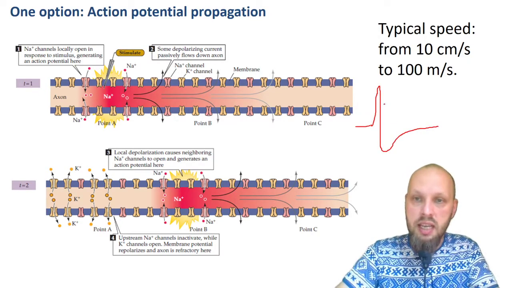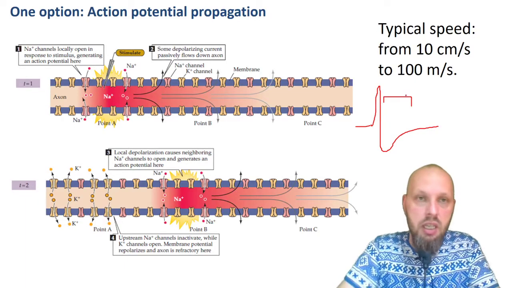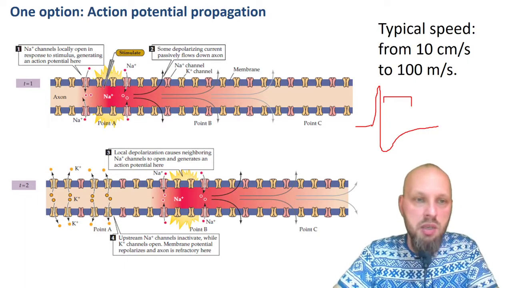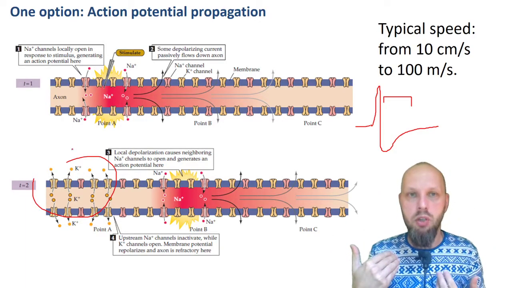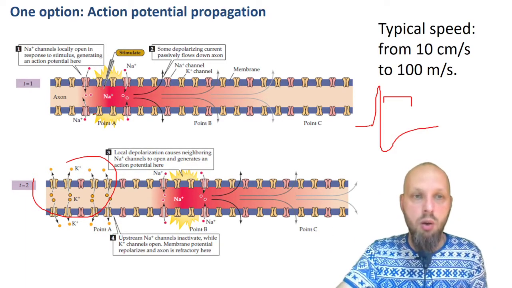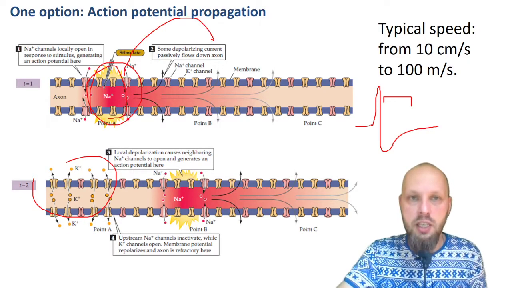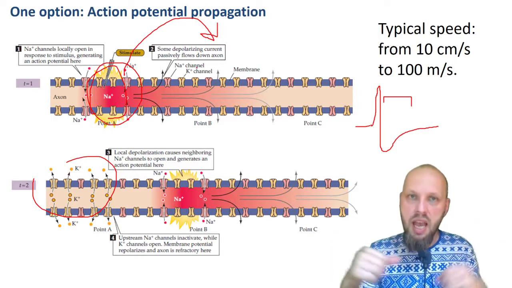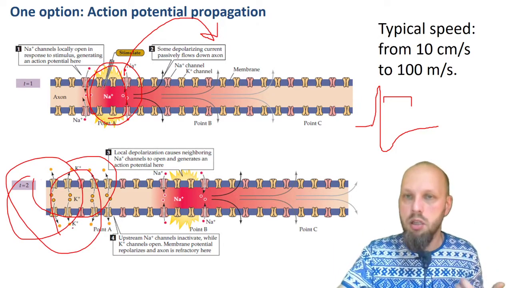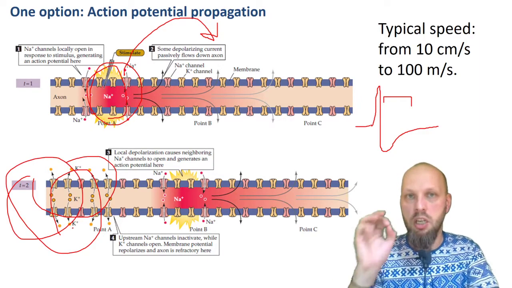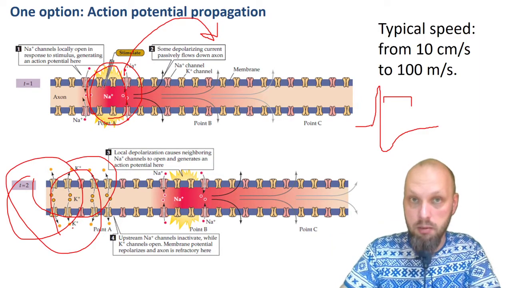And during this, like going down and recovery, it cannot be generated again, which means that this part is kind of tired in the sense that it's in the process of recovery, and so it cannot spike. So when this part spikes, it causes the naive part of the axon nearby to spike, but not the part that spiked just before that, because it's not capable of generating an action potential for a few more milliseconds at least, right?